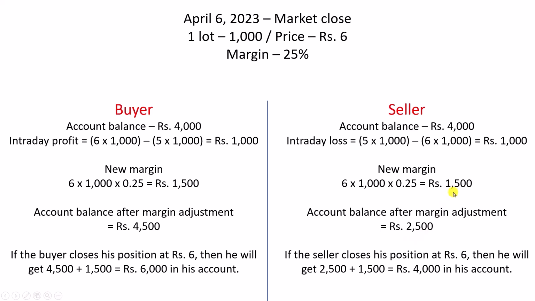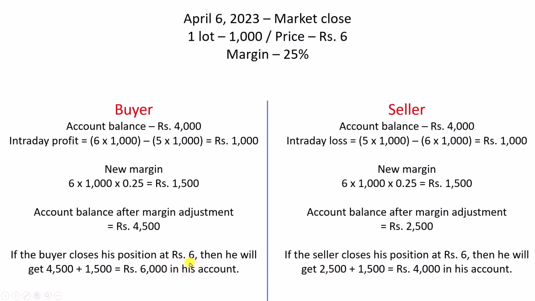This, as I said, is security deposit which he gets back when he closes the trade. So 4000 rupees. How much was it before entering the trade? 5000. Now it is 4000, so total loss is 1000 rupees. Clear? Okay. So this is for the first day.